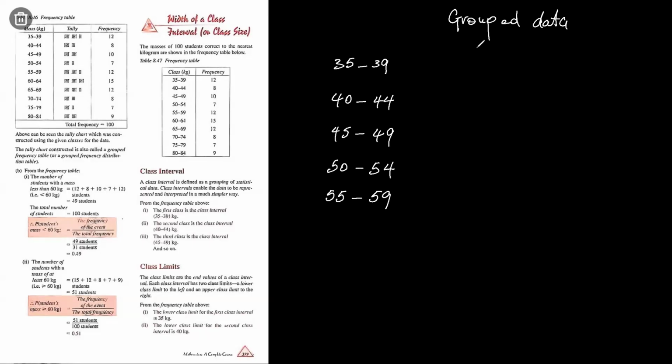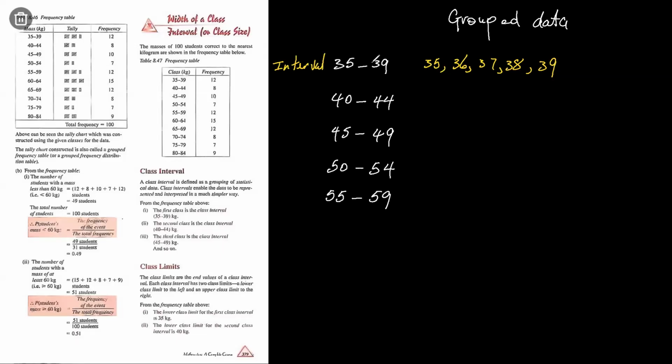So instead of looking at the numbers 35, 36, 37, 38, and 39 — 1, 2, 3, 4, 5 — we say in this group, it's called an interval.